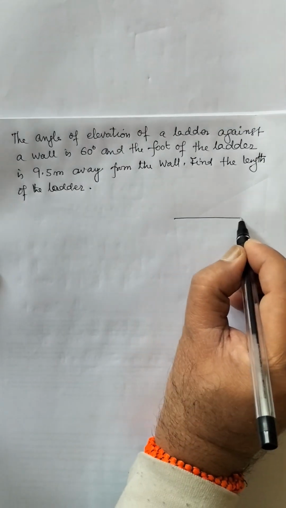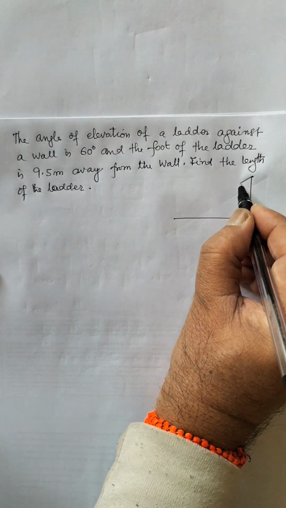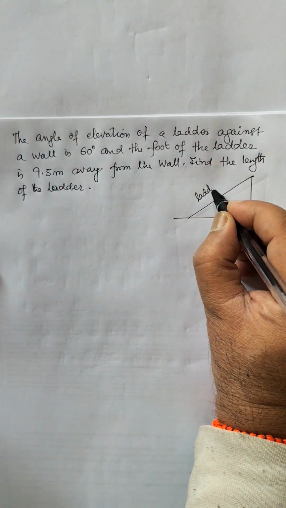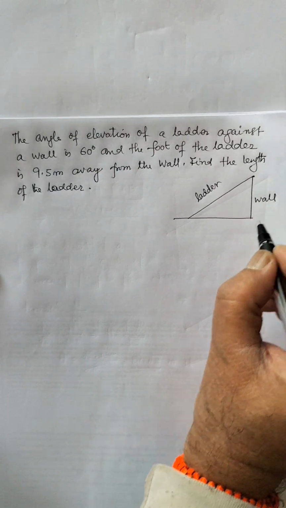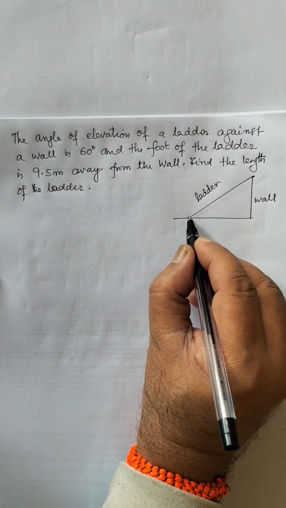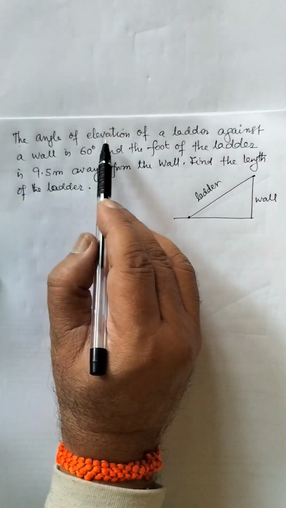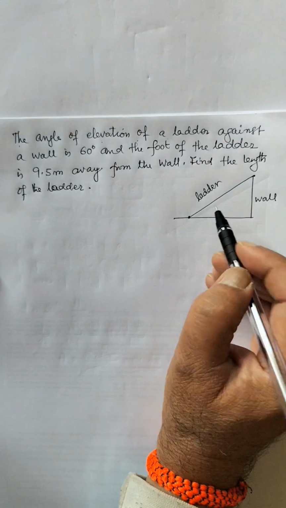That means there is a wall and there is a ladder. This is the ladder, this is the wall, and this is the foot of the ladder.